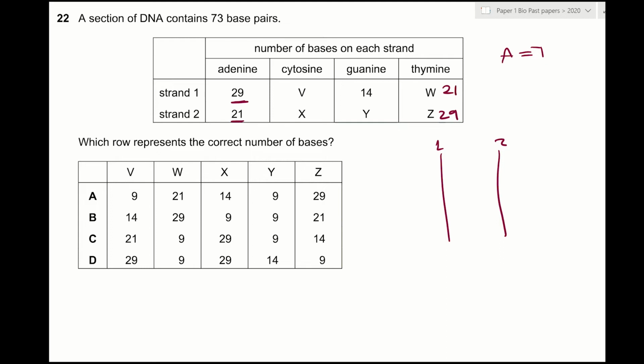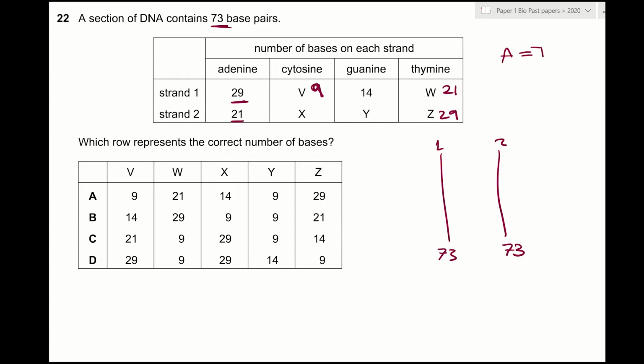Now, as mentioned in the question, there are 73 base pairs. Therefore, every strand is going to have 73 bases. What we must do is add up 29 plus 14 plus 21, and then 73 minus this answer gives us 9. So V must be 9.